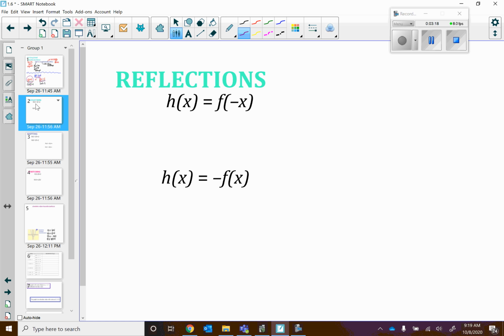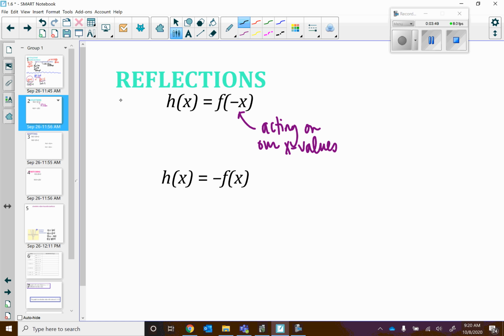All right, so let's talk about some transformations. The first thing we're going to talk about is reflections. So we are using h of x to define a new function. If f of x is our parent function, then h of x is a transformed version of that. So if h of x is equal to f of negative x, let's think about what this is doing. The negative sign is directly touching the x value, so this is acting on our x values.